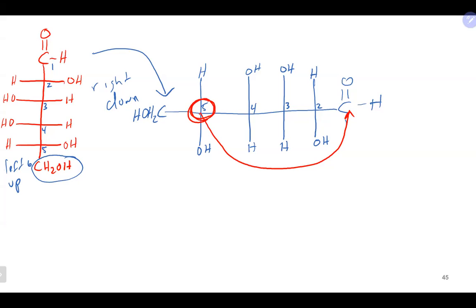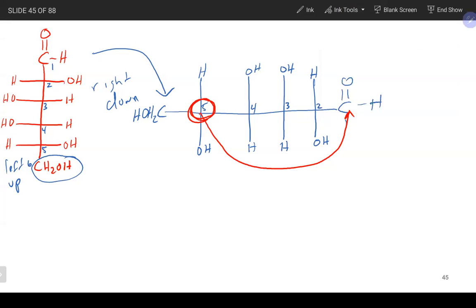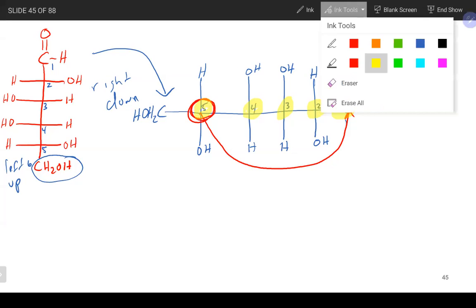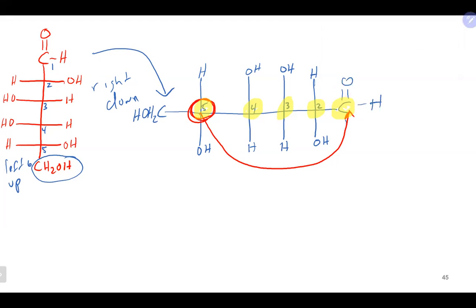So when I close this up, I have 1 carbon, 2 carbons, 3 carbons, 4 carbons, and 5 carbons that's going to become a ring. Now, we saw those rings a second ago. The one that had 5 carbons is the one that looks like cyclohexane, but it does have the oxygen inserted in there.